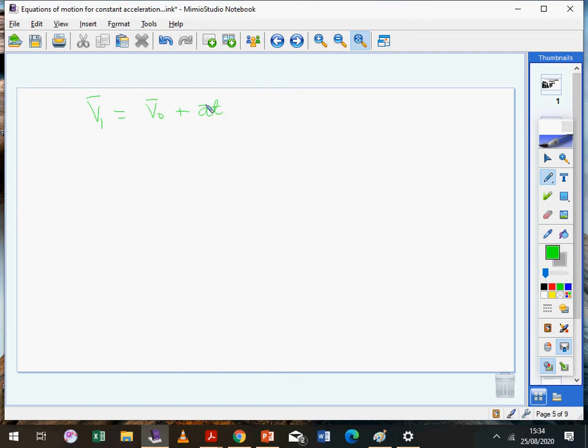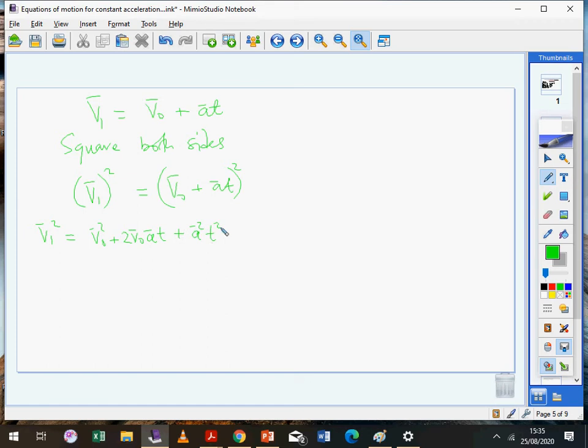If I was to square both sides, just doing some algebra for the sake of fun, if I square this side, and I also square this side, I'll have v1 squared equals v0 squared plus 2 v0 at plus a squared t squared.